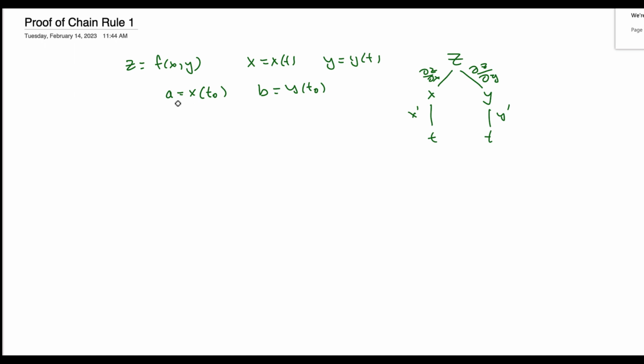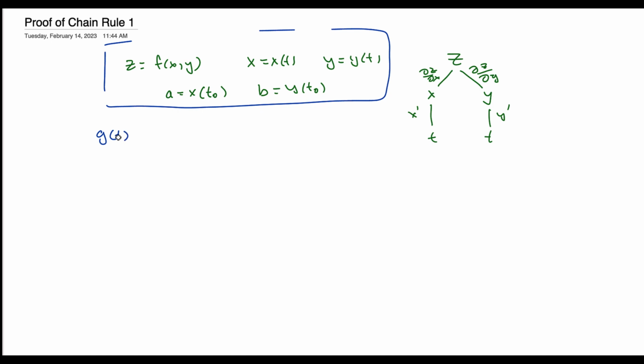So the first thing is that, yes, let's say that all the stars are aligned and your functions are differentiable enough at this point t0, or at point a and b, and go from there. Let's say g of t is f of x of t and y of t. When I'm saying dz dt, I'm finding the derivative of this g of t.